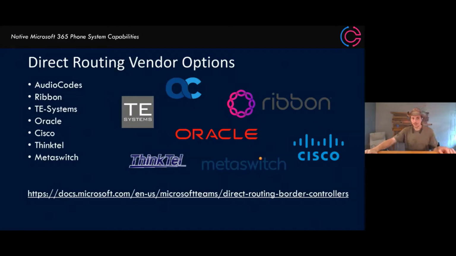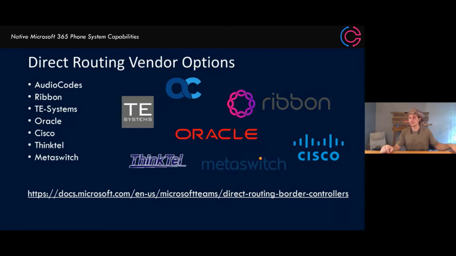As far as the vendors that are playing in this space, this list has actually grown quite a bit recently, and I'm a little bit ashamed to admit it, but there may have been 1 or 2 names on here that I didn't realize were here until I put this slide together. But you can see we've got Audio Codes, Ribbon, TE Systems, Oracle, Cisco, ThinkTel, Metaswitch. Probably the one that has made the biggest headlines recently.